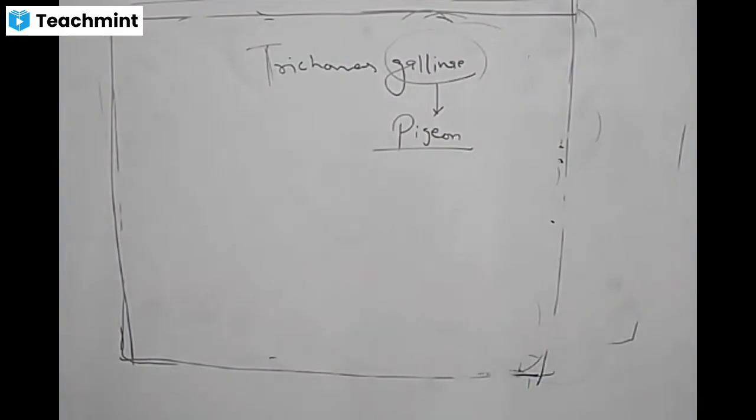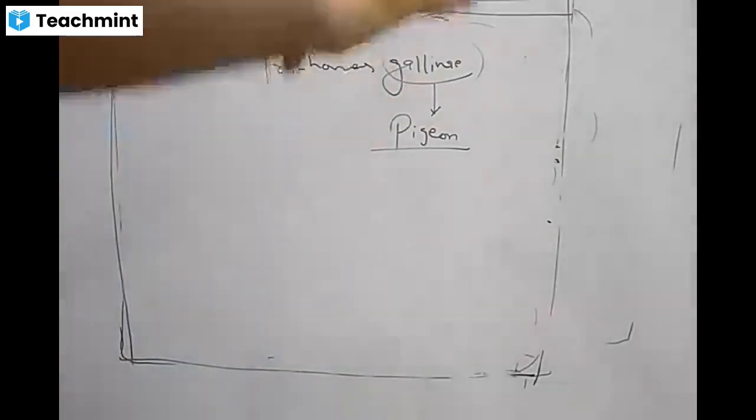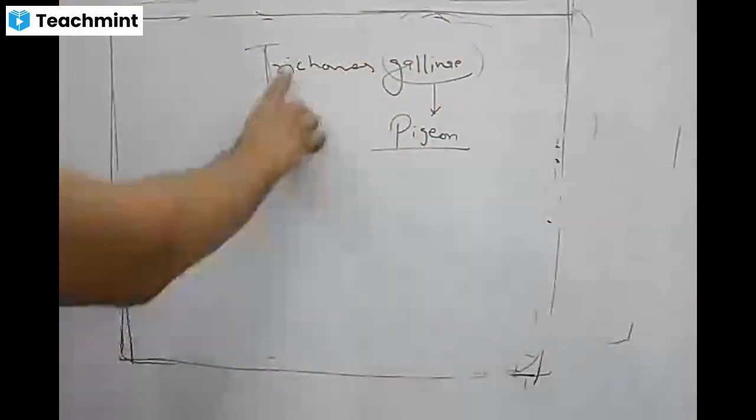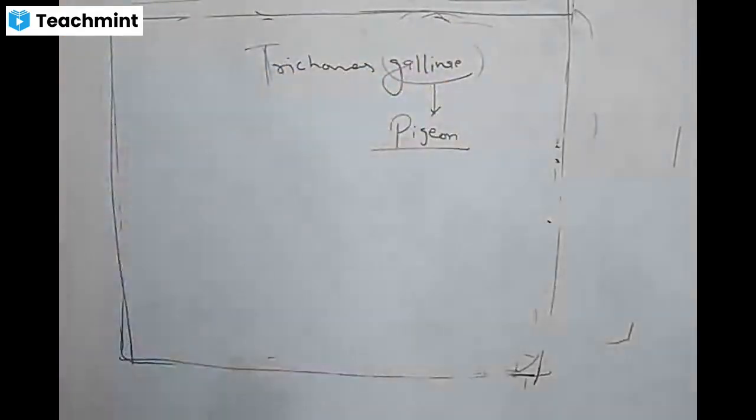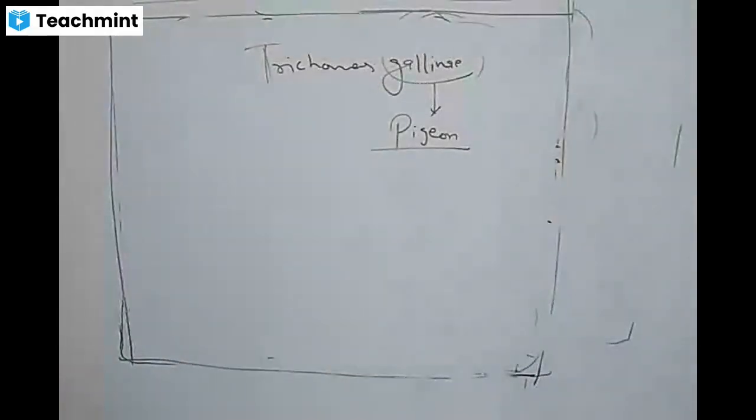Then Hexamita affects turkey. Giardia affects man, dog, cat, others. And then Histomonas meleagridis mainly affects turkey. But if all other options are given, then poultry also. Then the last flagellate of the GIT, Trichomonas gallinae, is related with the bird pigeon.